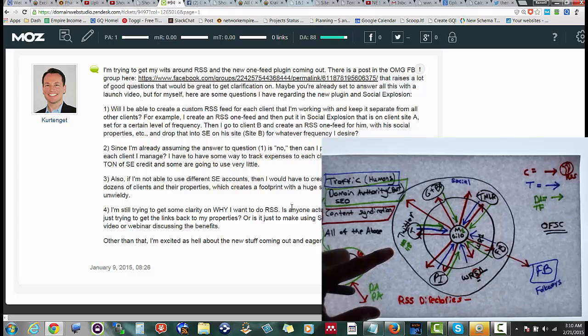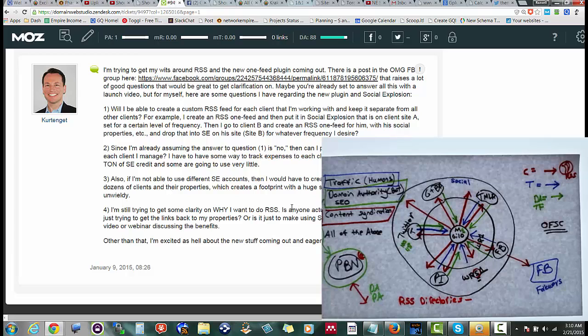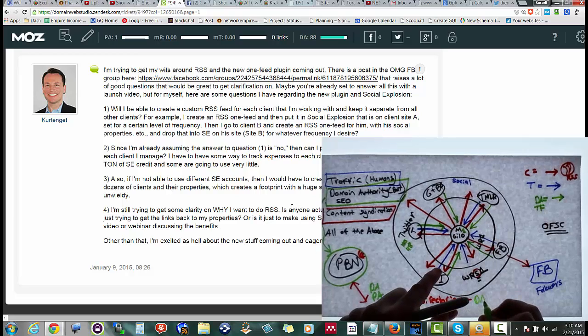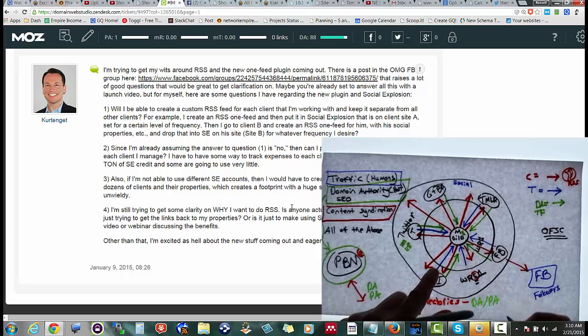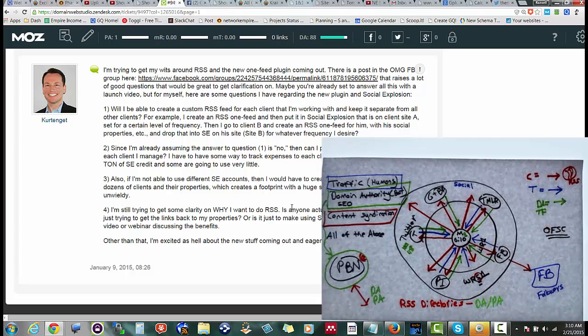They fail as often as they open up new ones. RSS directories are primarily, in our book, for manipulating domain authority and page authority. Why? Well, they give you juice back to your site. Some of the directories have a domain authority anywhere between 30 and 90. They're changing hands often, and sometimes they go out of business, but they're there. And you can juice them up.